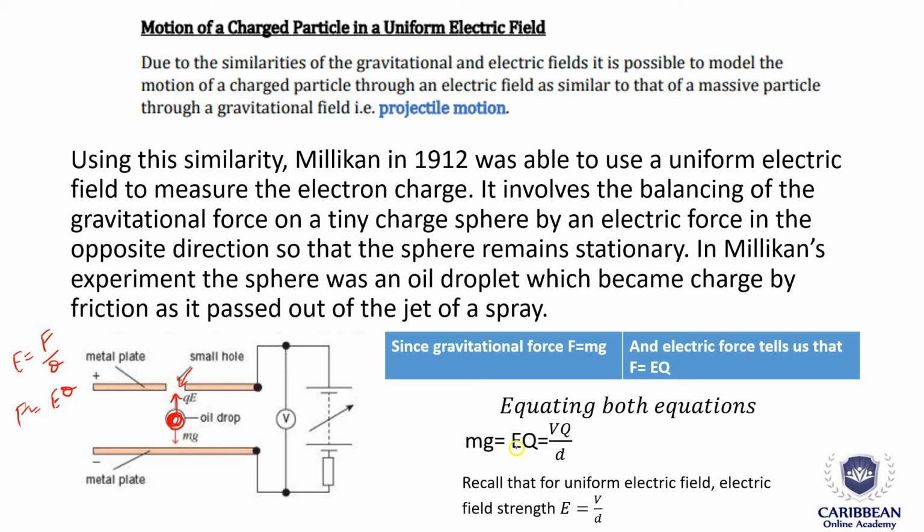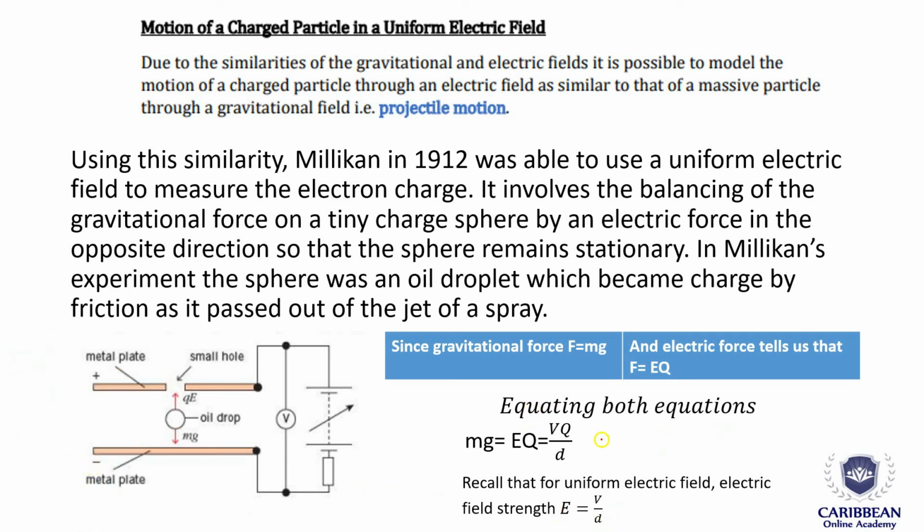So by equating both things, we have mg being equal to the upward force, which is the electric force, that is going to equal E times Q. Now, because the electric field is of a uniform plate, we can remember that E is equal to the potential difference divided by the distance of separation.